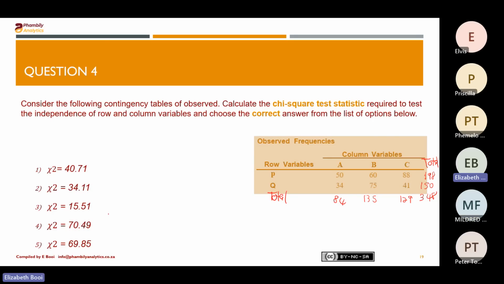I'm not going to write them all there, so I'm just going to continue and write the formula: observed minus expected squared, divided by expected, and then substitute the values. So we have 50 minus 47.7931. I'm only going to keep 4 decimals so that we get the answer correct.